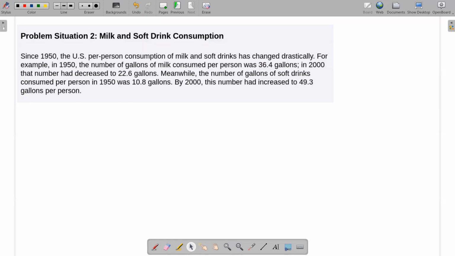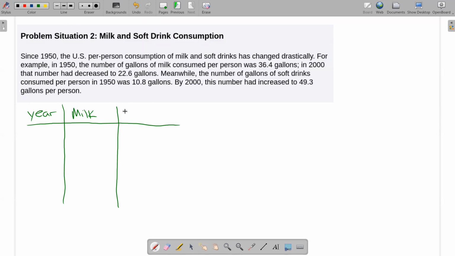All right, so we have to keep track of the year, the milk consumed, and the soft drinks consumed. So I'm going to make a table that does that. So I need the year. I need to keep track of milk consumption. I'm just going to call it milk. And I'm going to keep track of soft drinks.